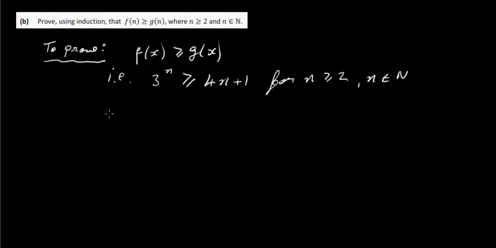First thing we've got to do here, and I'm going to write this out in detail. So you've got to show that P2, the proposition, this thing here, is true for n is equal to 2.